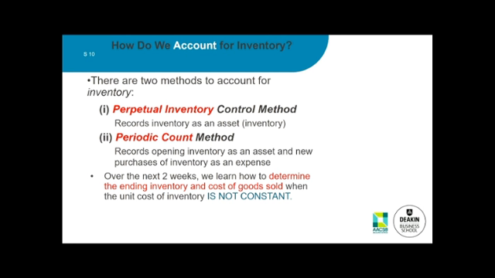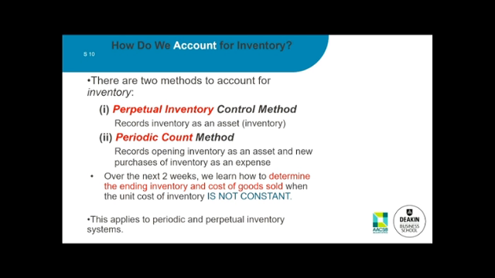And if it varies a lot, then it will obviously affect our cost of goods sold in different ways, depending on whether it goes up and down, and whether the inventory keeps on increasing in price for us as buyers of that inventory. So this applies to the periodic and the perpetual system.